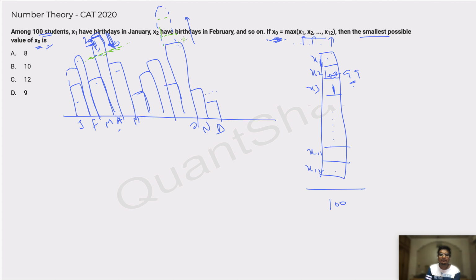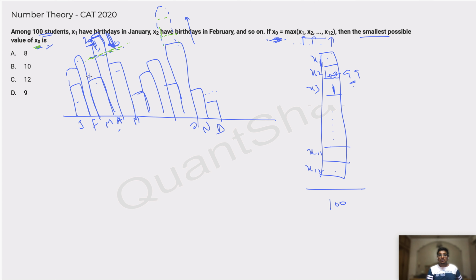So from this, you must be able to visualize by now in what case the x0 value will be minimum. What we need is that the maximum number of parties thrown in a month should be lower. As we discussed, if you try to reduce something, something else might go up, and you have to ensure that it doesn't go farther than this.